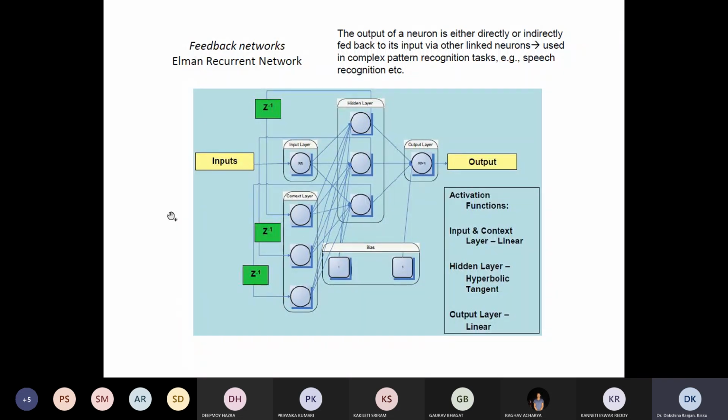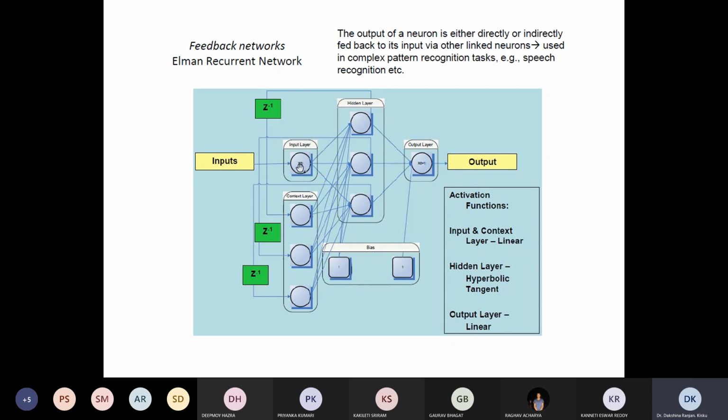Now if I consider the feedback neural networks, then we can see that the connections between neurons generate a directed cyclic graph.